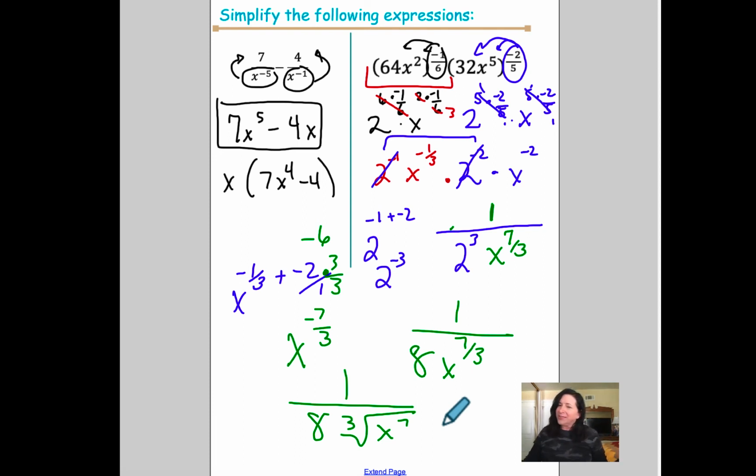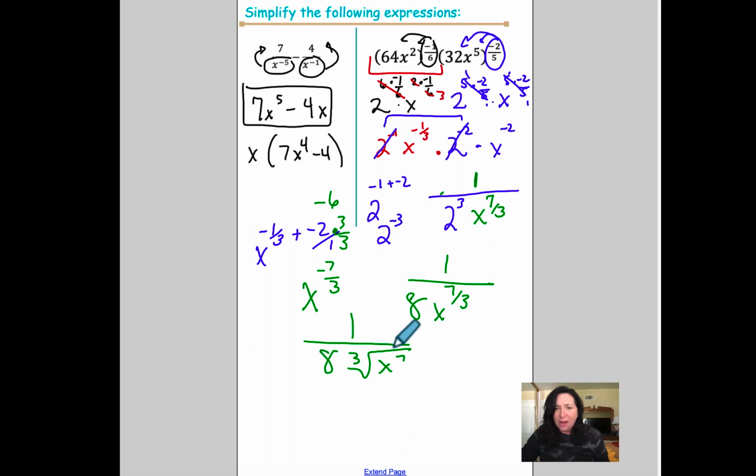And realistically, now that I think about it, this is a great opportunity to simplify, because how many x's can I take out, right? X to the 7th is 1, 2, 3, 4, 5, 6, 7, right? 3 x's come out, 1 x is out. 3 x's come out, 1 x is out.